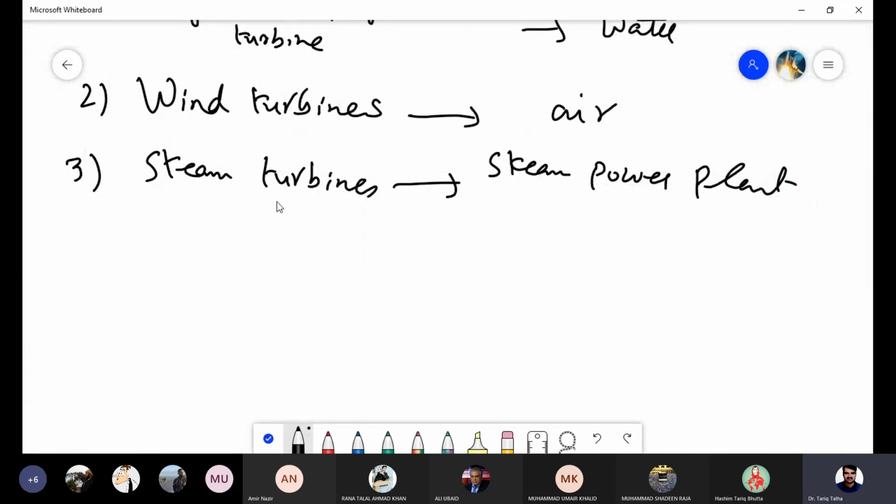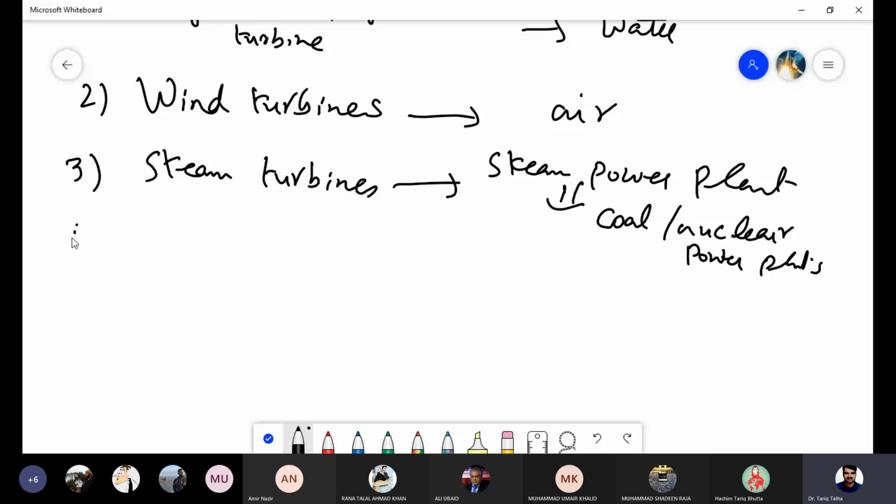So, where do we see steam turbines? They are usually in coal-based power plants, coal or nuclear power plants. So when we say coal or nuclear power plant, we are saying that we are using burning coal to convert water into steam, or we are using that nuclear fission process to convert the water into steam. So that is just the source of energy we are talking about, coal or nuclear power plant, right?